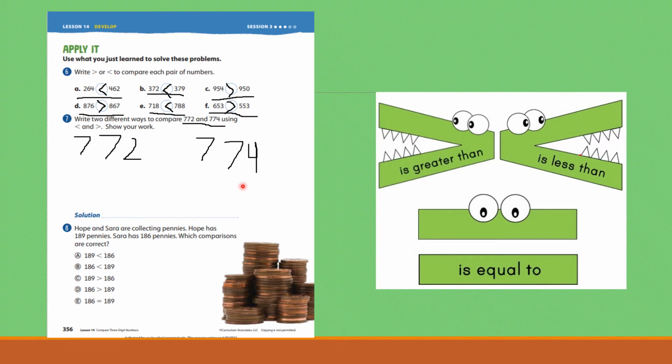One has 2 ones, one has 4 ones, so I know that 772 is less than 774 because 2 is less than 4. So now I'm just going to reverse the numbers, and I'm going to put 774 and 772, I'm going to reverse my arrows, and I'm going to say 774 is greater than 772.